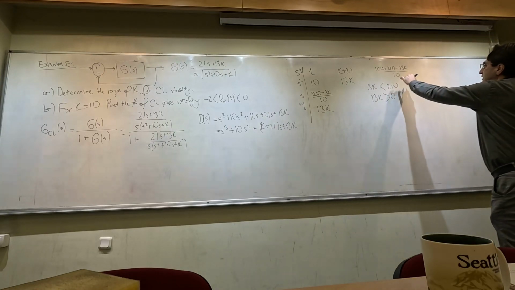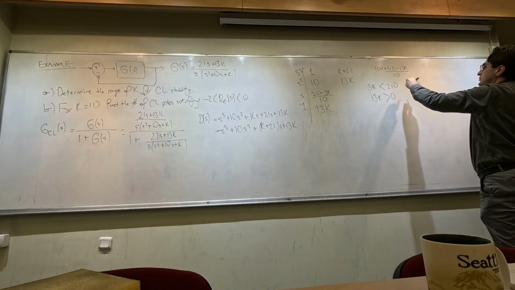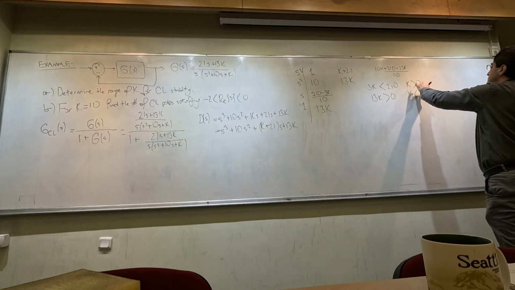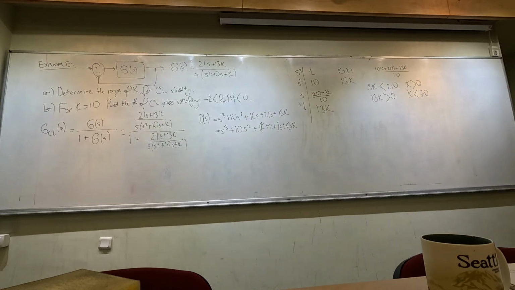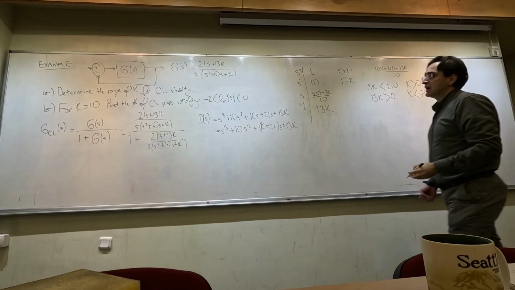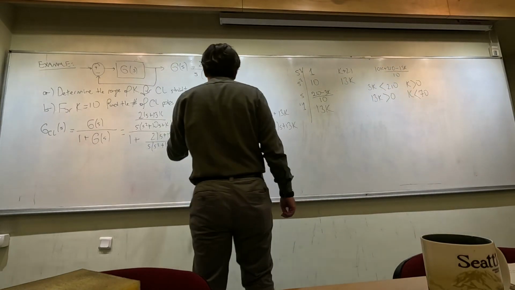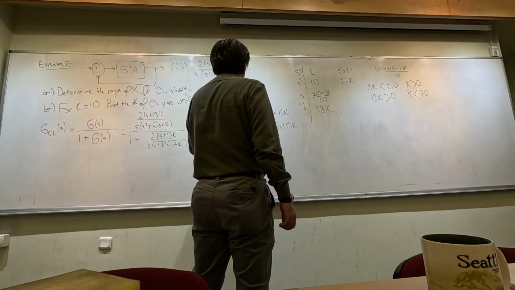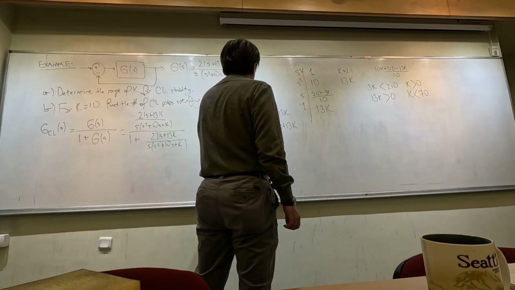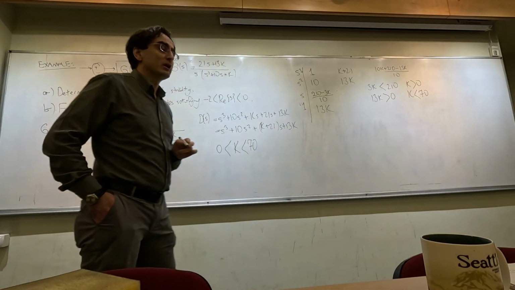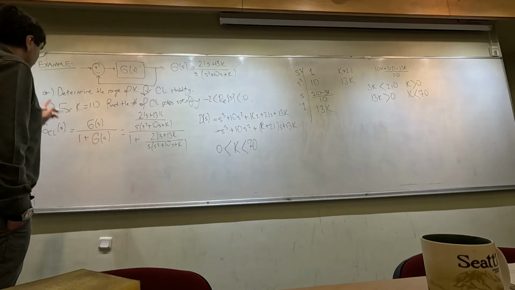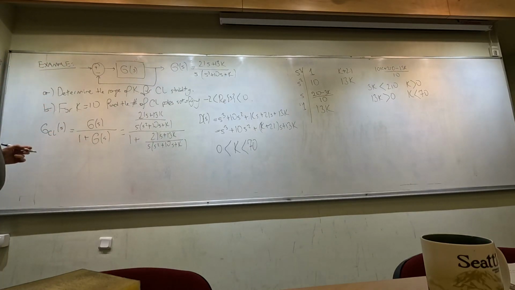Meaning that K needs to be larger than 0 and K needs to be smaller than 70. And that means that for closed loop stability, the range of K is between 0 and 70. Okay? So now let us come to the second task.